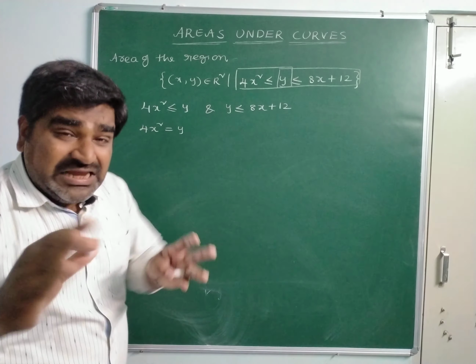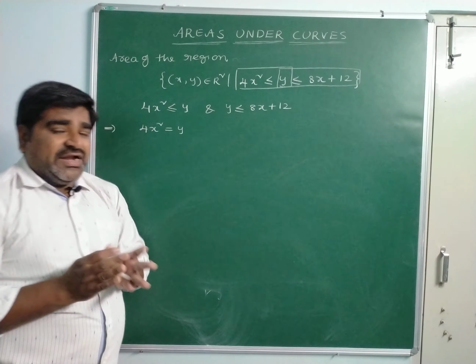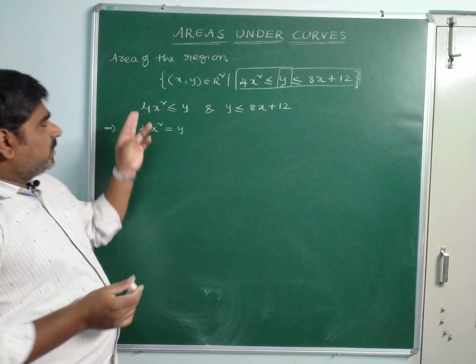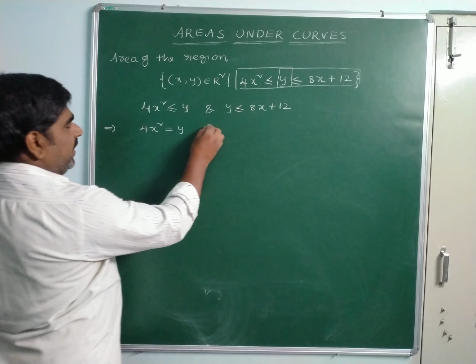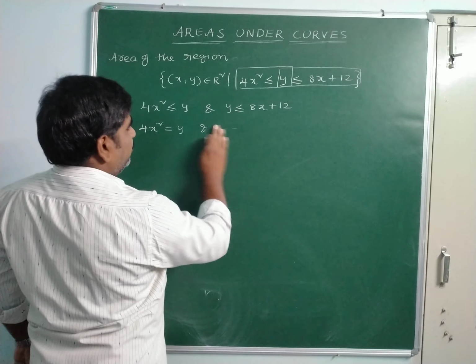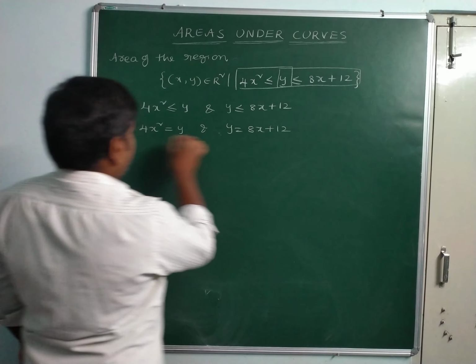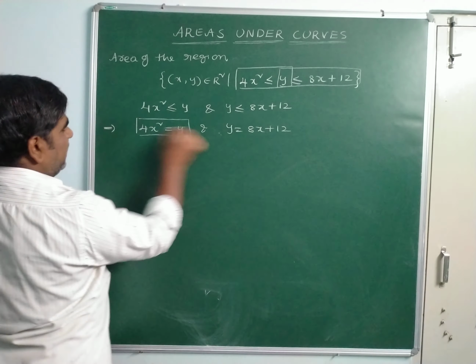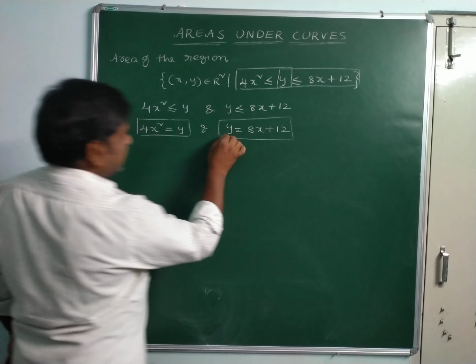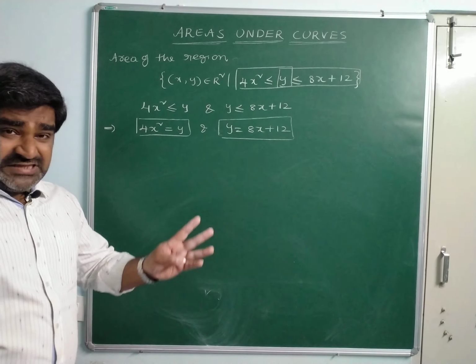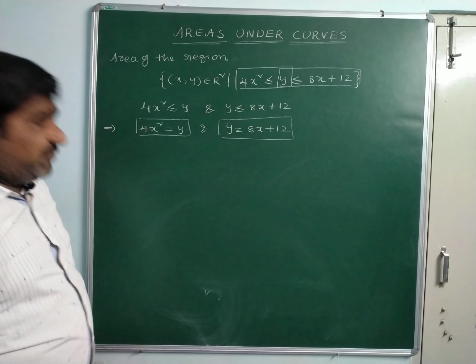Forget about the inequality for some time. Take the equality to trace the curve. So 4x square equals y, and y equals 8x plus 12. That is the first thing you should remember in this type of question.